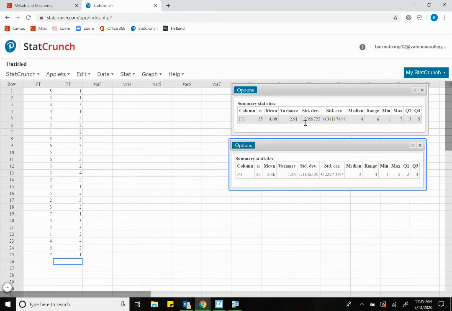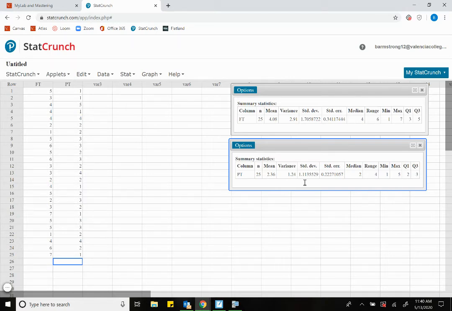Okay? The larger your standard deviation, the larger the variance, the more spread out it is. So this one has a larger standard deviation than the part-time. That means the full-time eating out varied a lot more than the part-time.